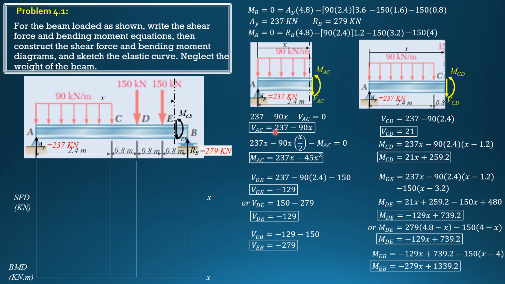Remember, this is a straight line sloping downward. So connect 237 and the value when x is 2.4, which is 21. Then it should be connected with a straight line, because that's a straight line with negative slope.